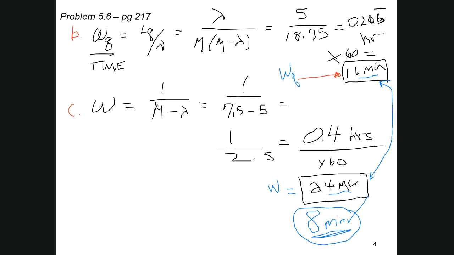Okay. Now let's look at D. This one's a little bit more challenging. The FAA has a rule that an air traffic controller can, on the average, land planes a maximum of 45 minutes out of every hour.